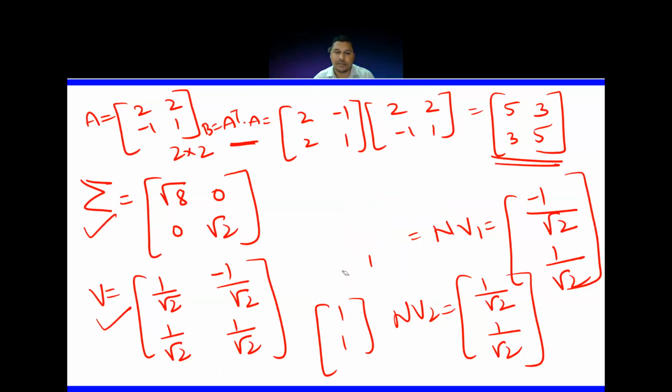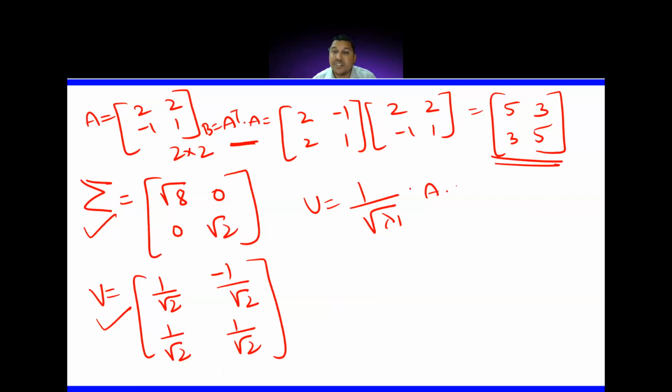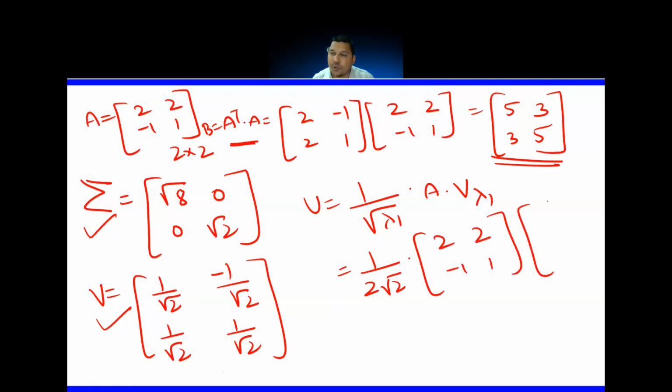How do you find the U matrix? We said that u1 is 1 by square root of lambda 1 into A into the corresponding vector of lambda 1. So 1 by square root of lambda 1 is 1 by 2 root 2, because square root of 8 is 2 root 2, into the original matrix 2, 2, minus 1, 1, into the V vector, 1 by square root of 2 and 1 by square root of 2.